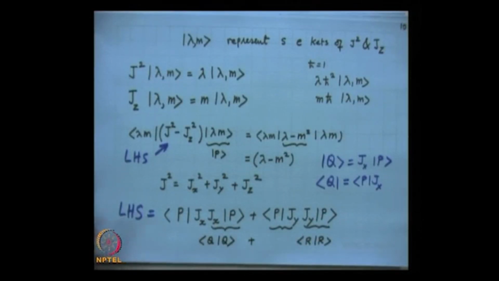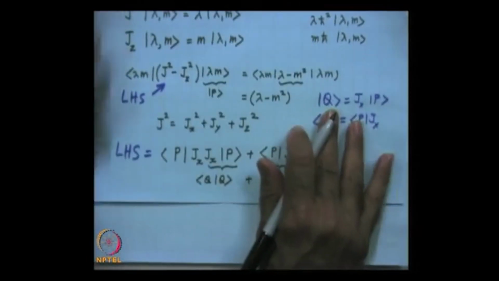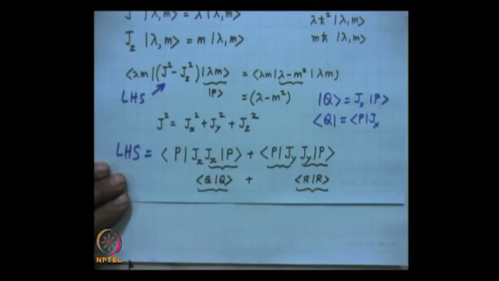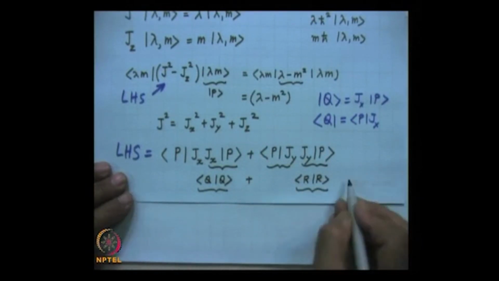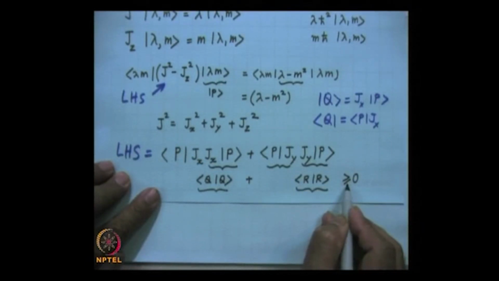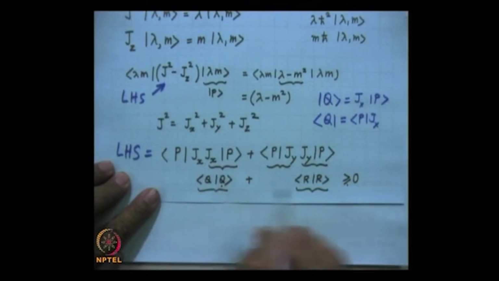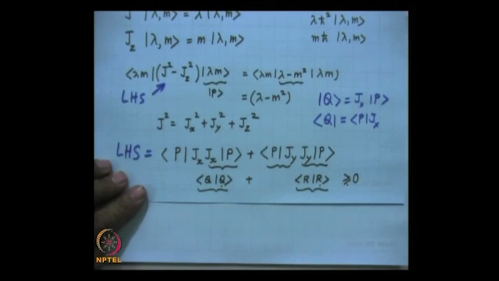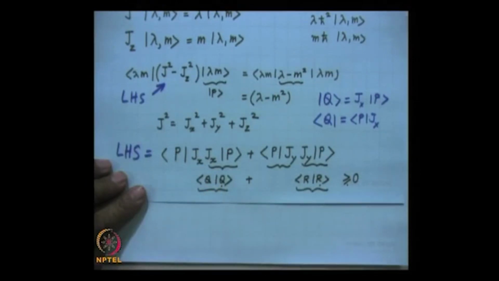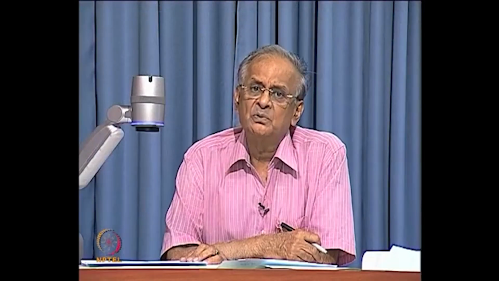So, my left hand side is bra q ket q plus bra r ket r. So, the left hand side is greater than or equal to 0, equal to 0 only if ket q is a null ket and ket r is a null ket. These are two positive definite quantities or can be 0 also. So, unless each one of them is 0, the sum is always positive.